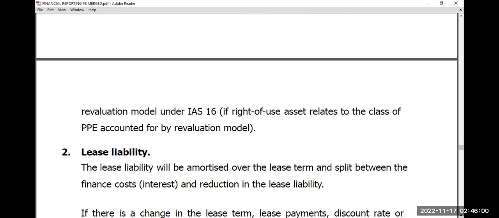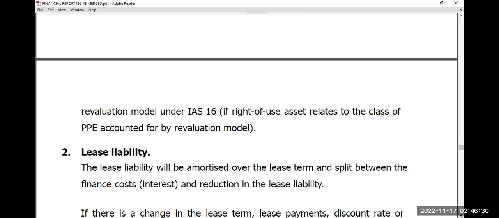Basically we are just spreading the future sum, that present value we've got, over the lifetime of the lease. If the lease term was maybe 5 years, we spread that lease liability over the 5 years.